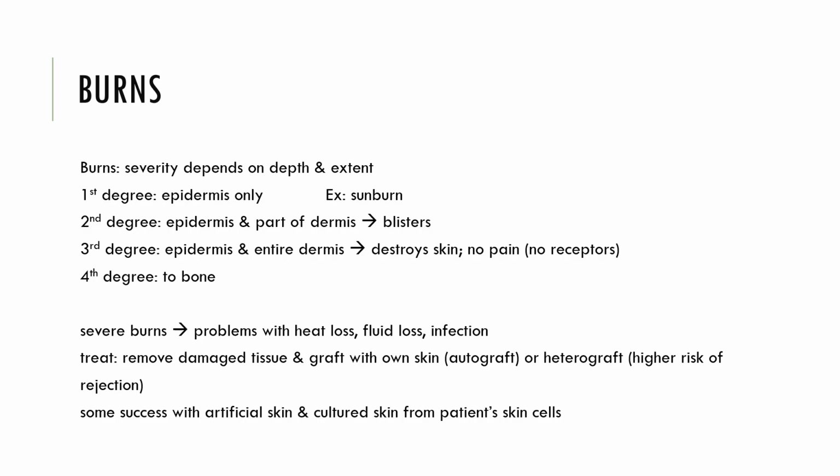The affected area may appear white, it may appear charred, or it may have a leathery appearance. There may be no pain initially due to nerve damage. And finally, 4th degree burns. A 4th degree burn goes all the way down to the bone.